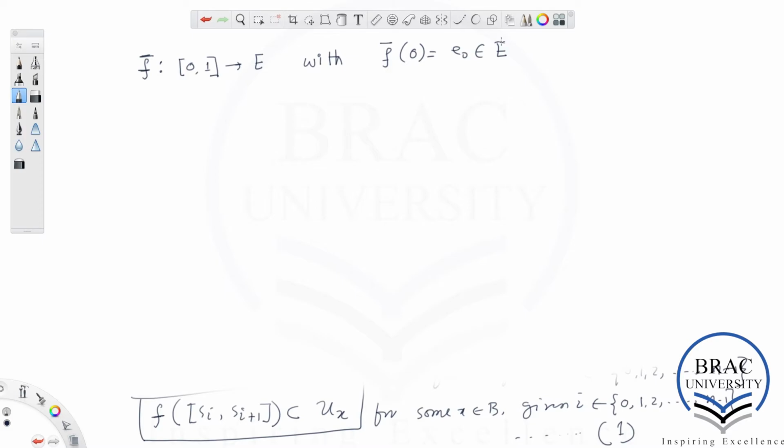Since it's a lift, I want it to satisfy P composed with F bar equal to F.